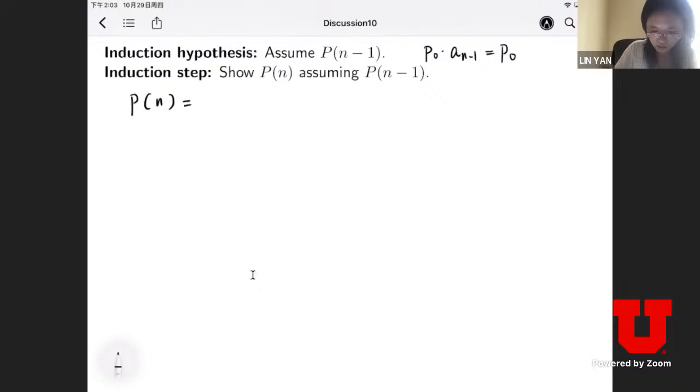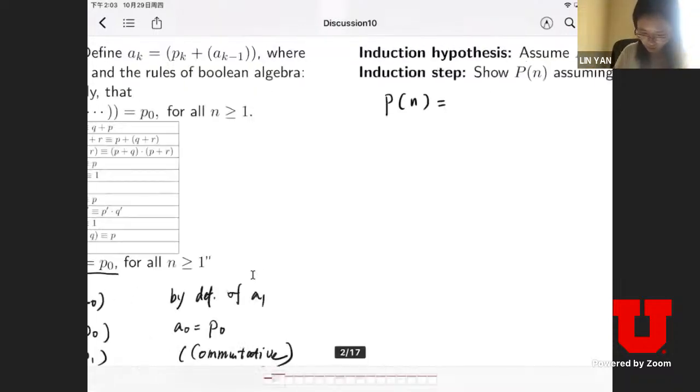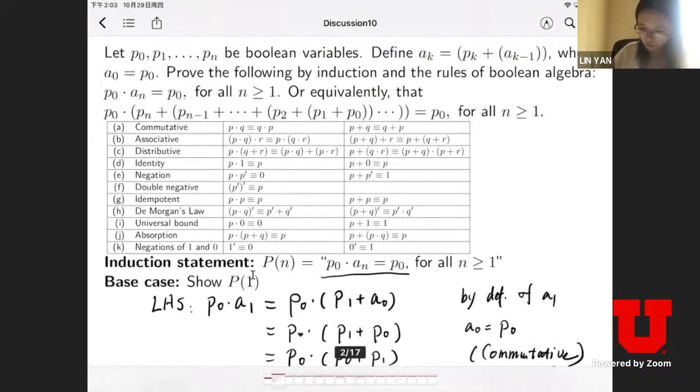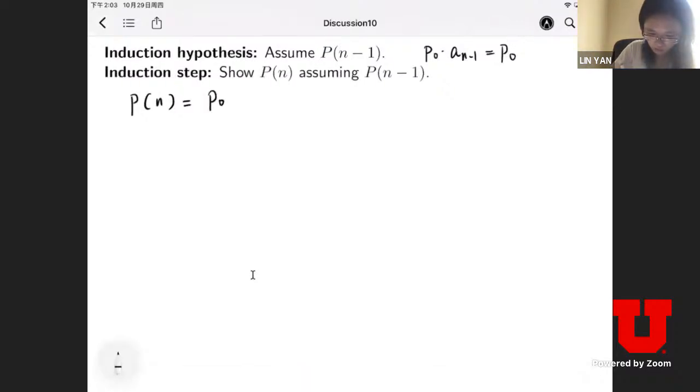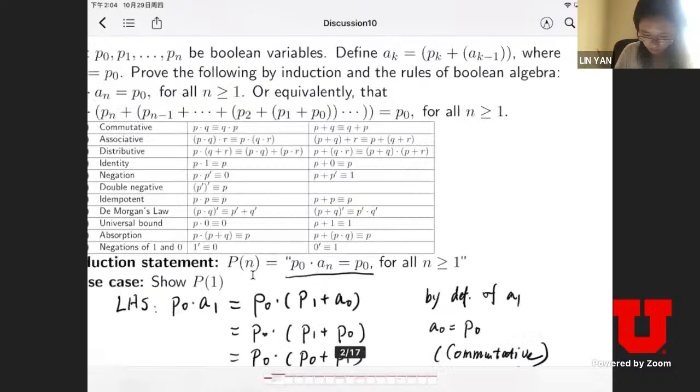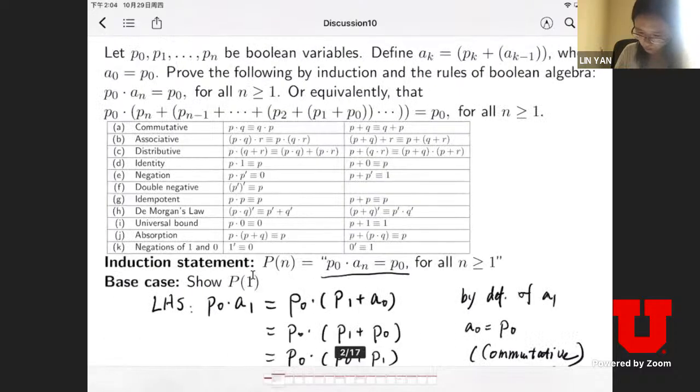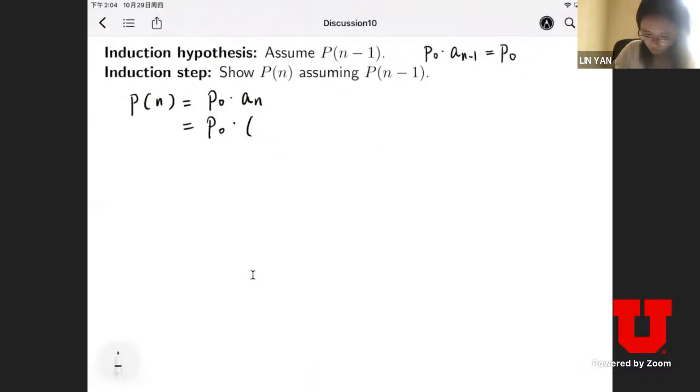Pn is equal to P0 times An, and it is equal to P0 times (Pn plus An minus 1). This is by the definition of An.